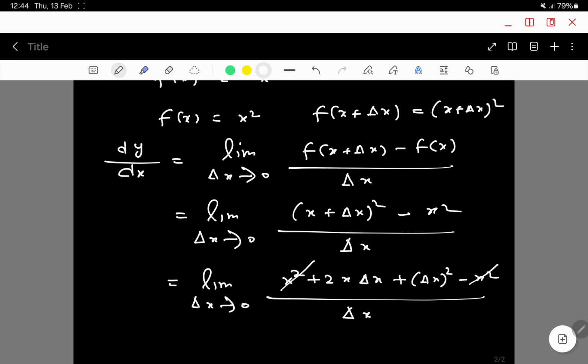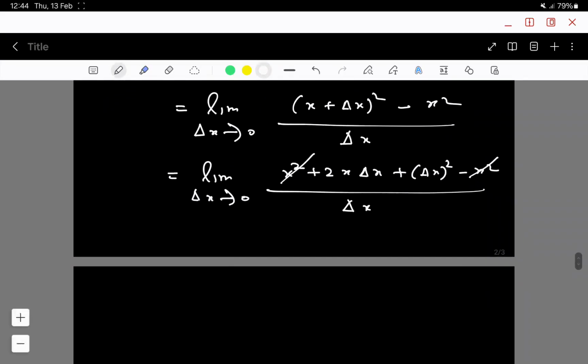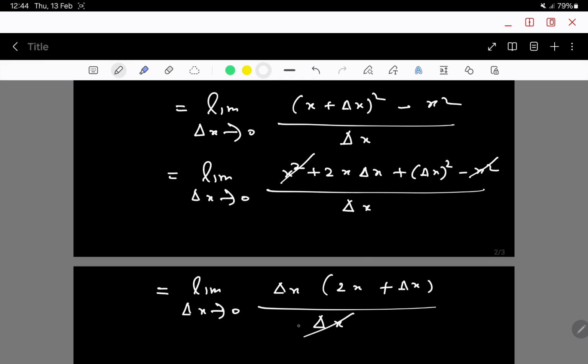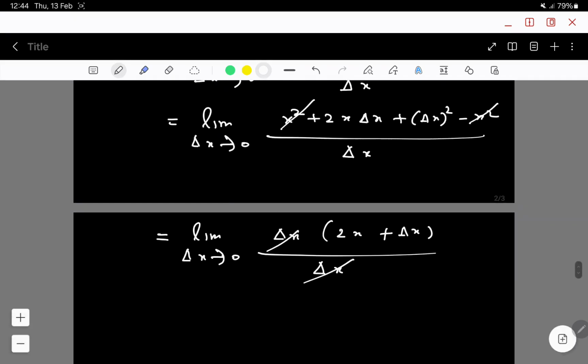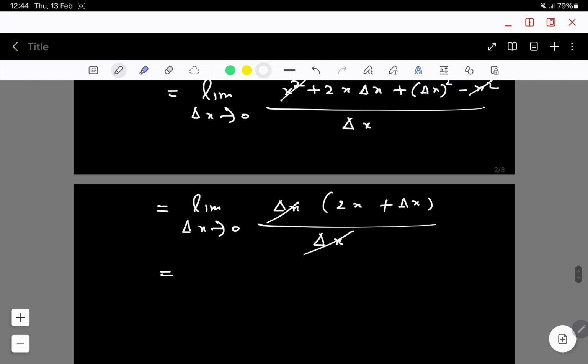This x square gets cancelled. Take out delta x, so 2x plus delta x by delta x. Delta x gets cancelled. Now apply the limit. We put delta x as 0 here, we get 2x.